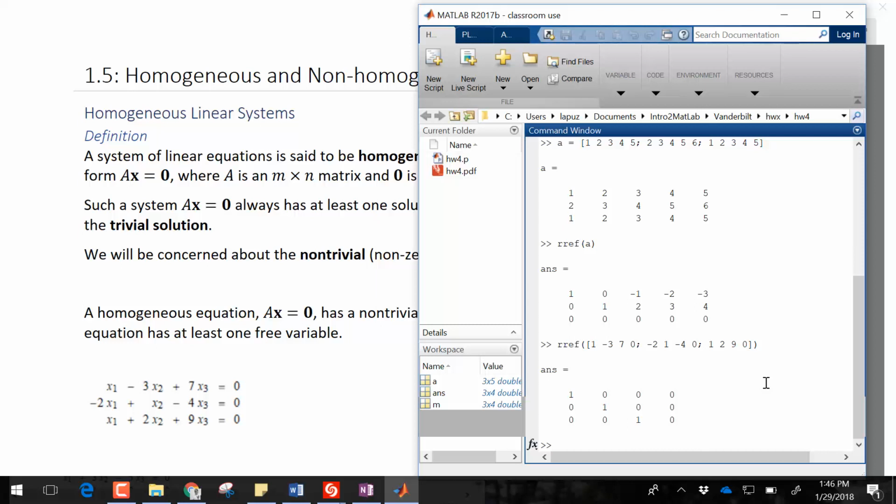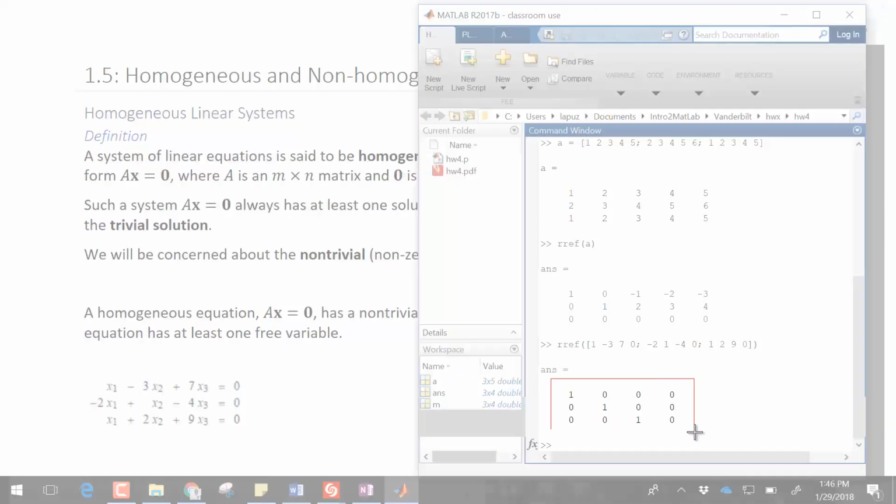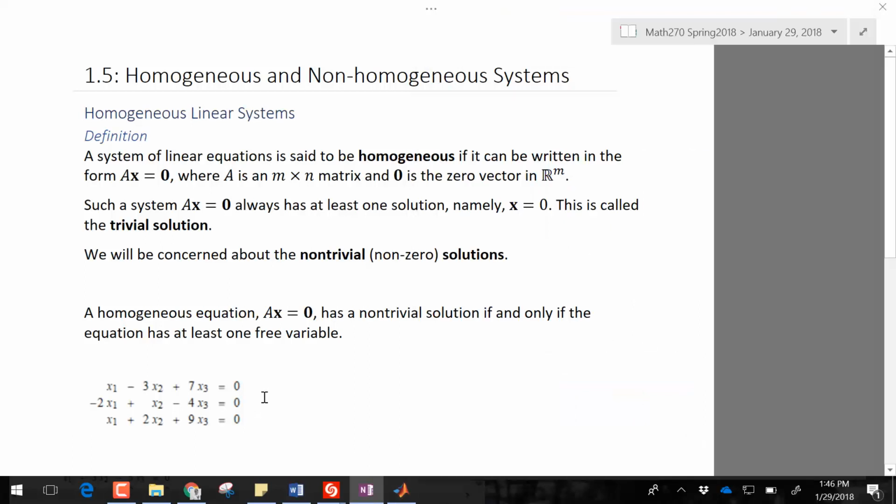So anyways, row reduce it, we have no free variables here, right? What's the solution? 0, 0, 0.